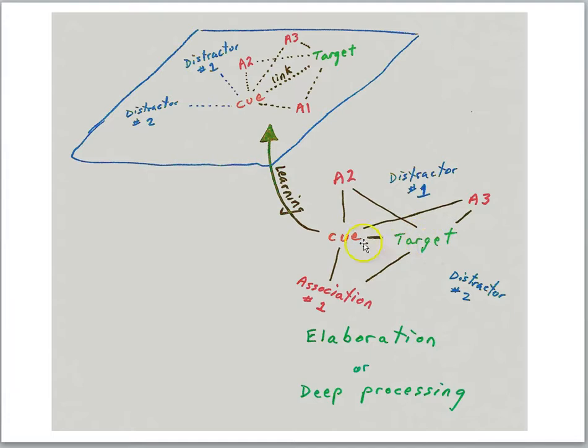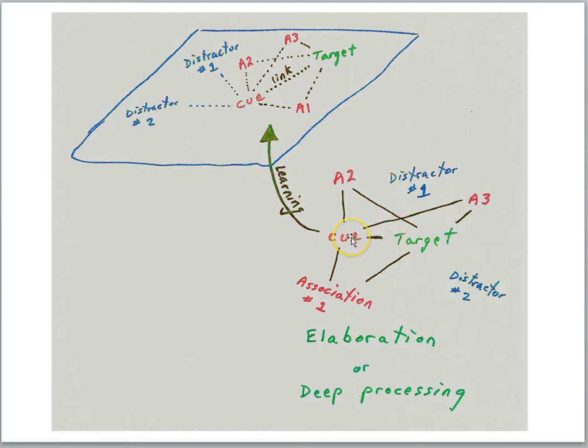So in the case of our cue and our target, what we might be doing here is not only associating the cue with the target, but we're associating the cue with some other concept. Association number 1, we'll call it, and A2 and A3, and likewise with the target. We're going to associate the target with other concepts as well. So we have sort of like a web of relationships here, and the cue-target relation is just one among several links that we're studying with a concept map.